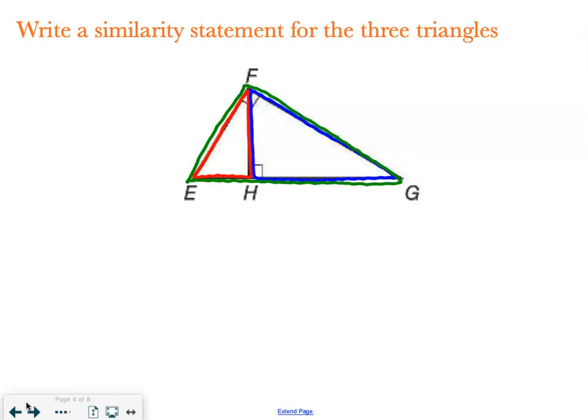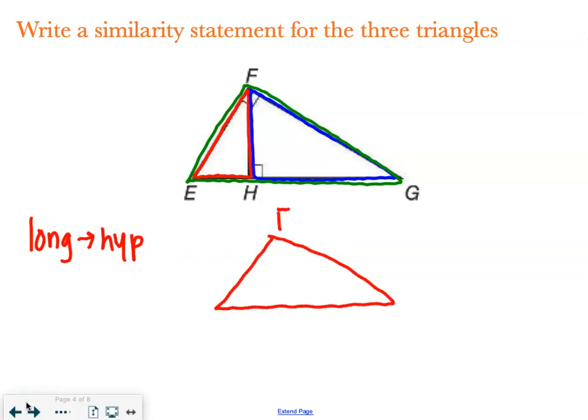For me, I like to give myself a code to follow so I know the order I'm using it. I'm going to list my long leg first, then my hypotenuse. So what am I talking about? If I draw out this big triangle, F, G, E, it's a right triangle, so no matter what, we're going to have a hypotenuse, the side across from the right angle.